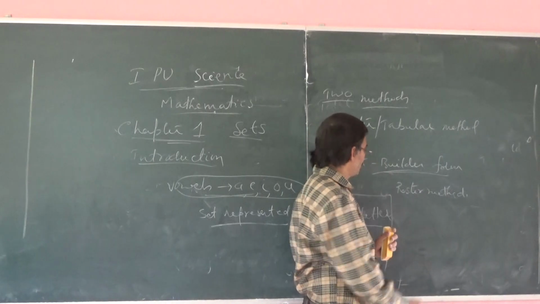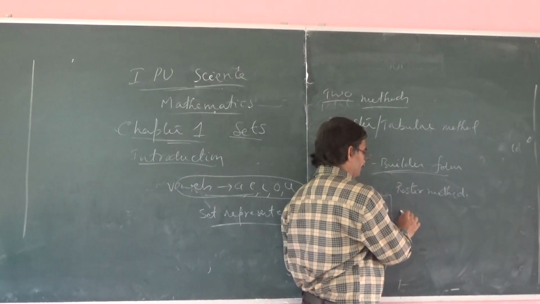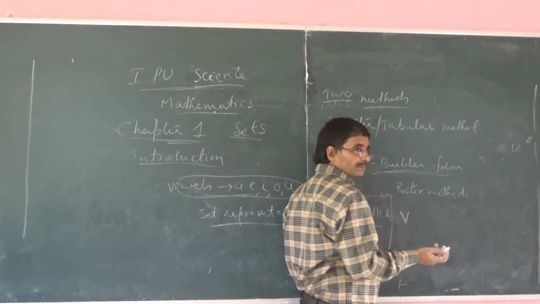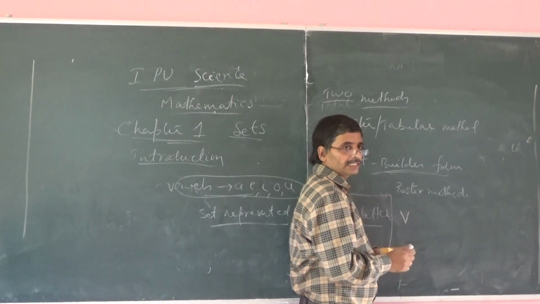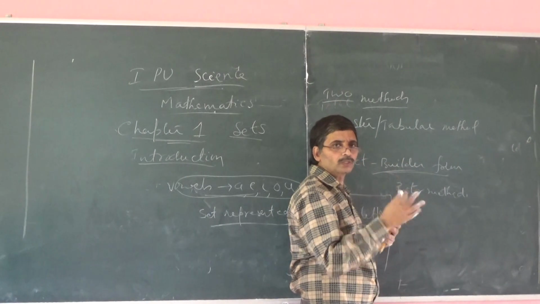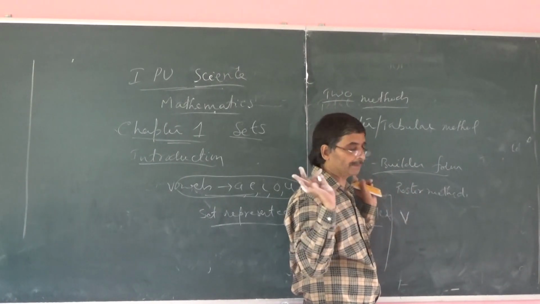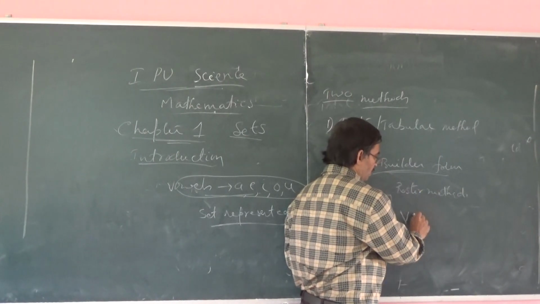For the letter, I will use the letter B only. You can use A also, any letter. Just for these vowels, I will use B. Any letter is possible, A to Z, anything but capital. V equal to, how do I write?